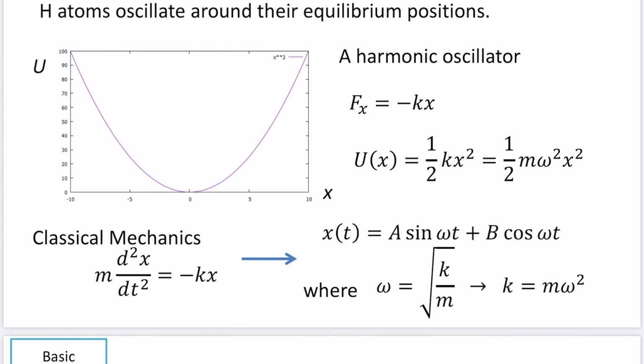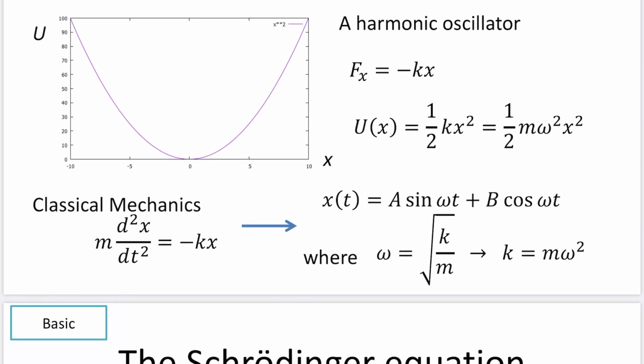If you remember classical physics, ma equals F, so ma equals minus kx. Then the solutions of this equation are expressed with trigonometric functions: a sine omega t plus b cosine omega t. Omega is expressed as the square root of k over m. So this means k is expressed as m omega squared.